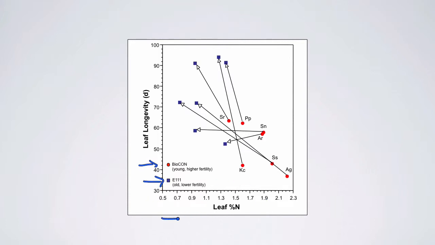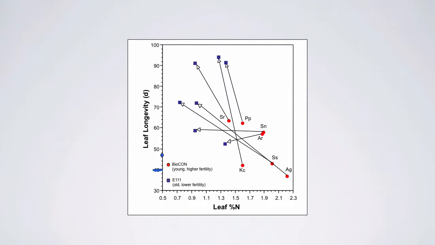On the x-axis, I have leaf nitrogen concentration. So we have species that had high nitrogen concentrations and relatively low nitrogen concentrations. And remember, low nitrogen would have a relatively high C to N ratio, and high nitrogen a relatively low C to N ratio. And on the y-axis, we have leaf longevity.